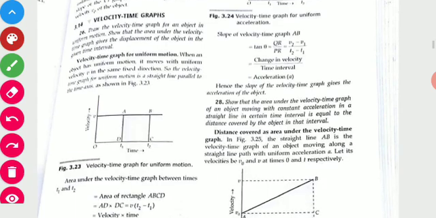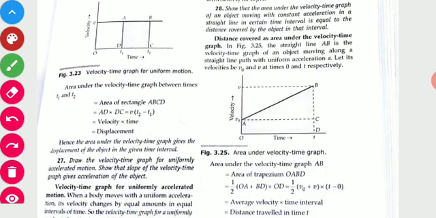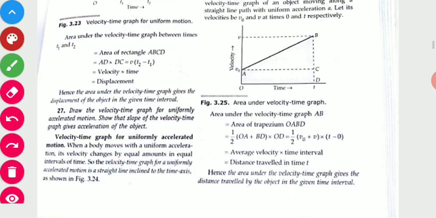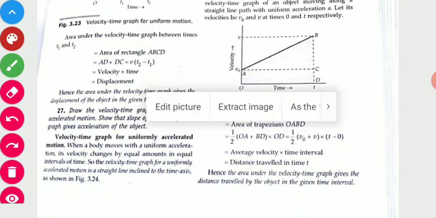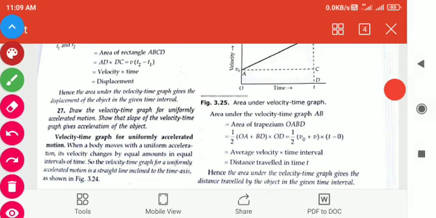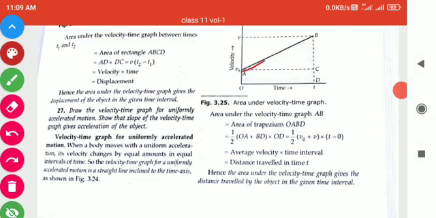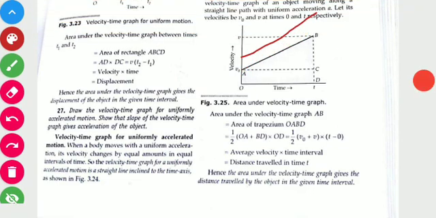In this way, today we will discuss what the area under the VT graph is and what information it gives us. We are taking the same inclined straight line, and today we will determine the area under this straight line. As you can see, this is the shape of a trapezium.